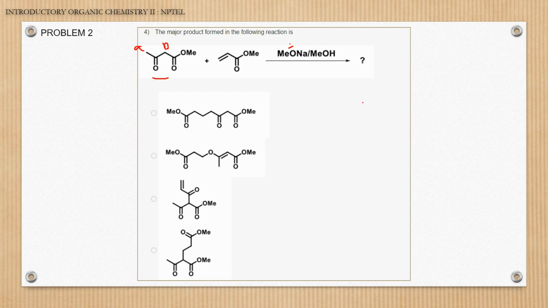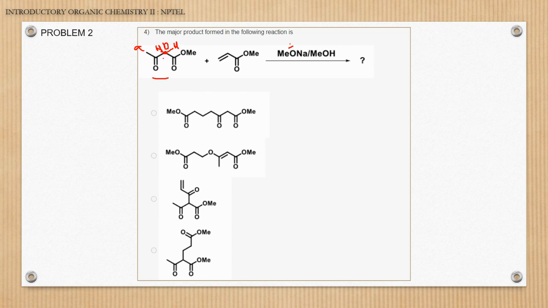We have studied in active methylene compounds that this position, these hydrogens, are known as highly acidic hydrogens. Why?